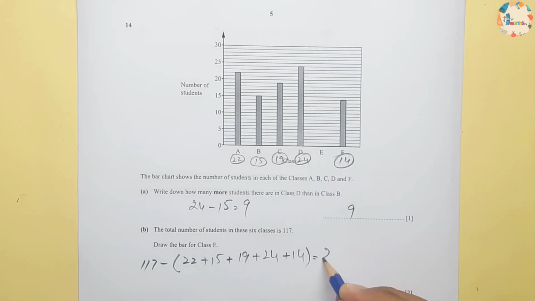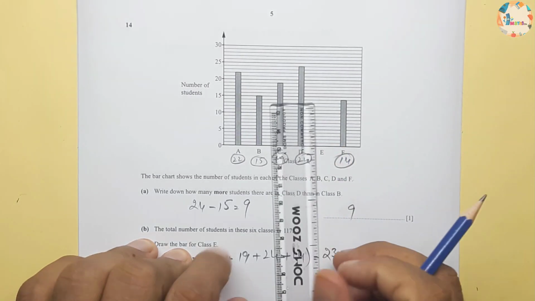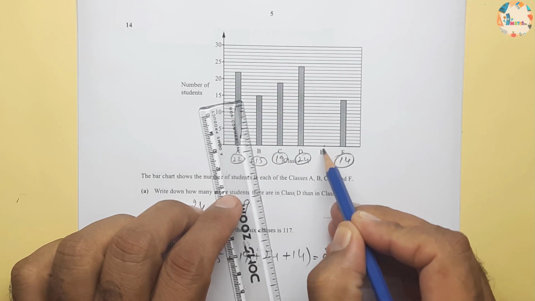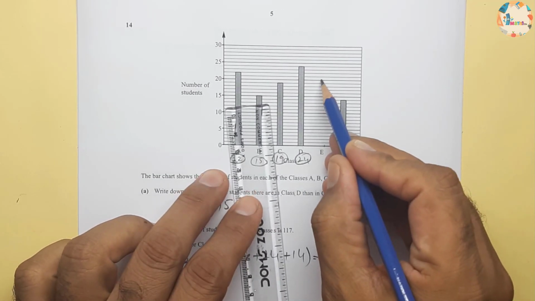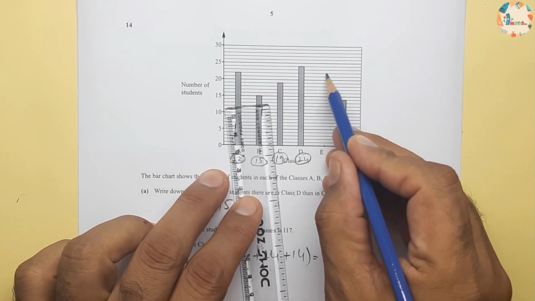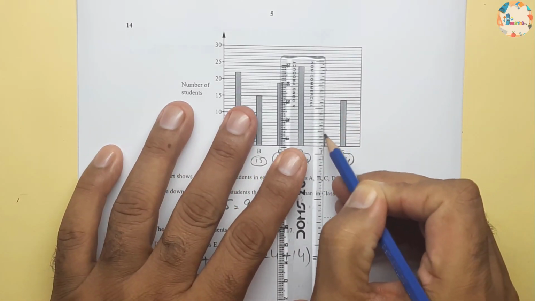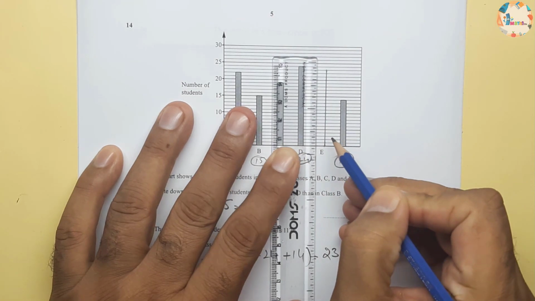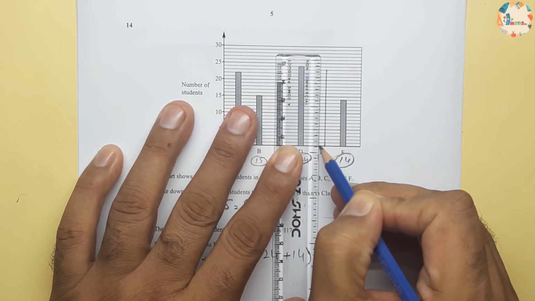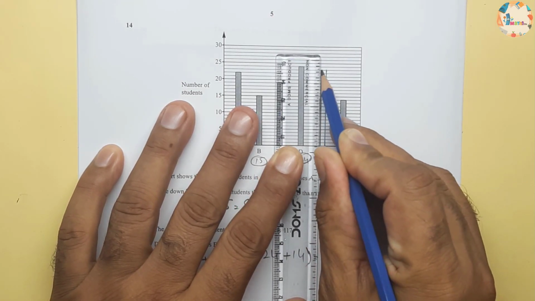So height of the bar should be 23, and 23 mark is what? 23 mark. This is 20, 21, 22, 23 is up to this one. So we can draw height up to 23 like this one.